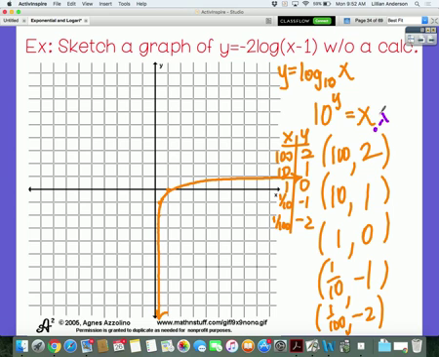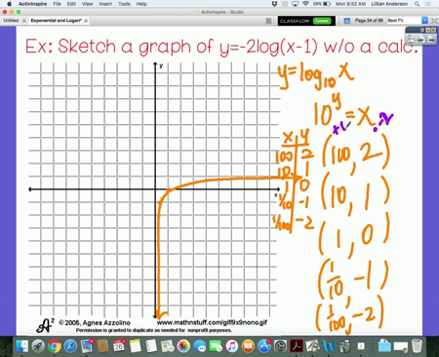So I can multiply all my y's by negative 2 to get the points. And then this minus 1 means what? Add 1 to all your x's to move it to the right. So I can add 1 to all of my x's, and those will be the points of my graph.